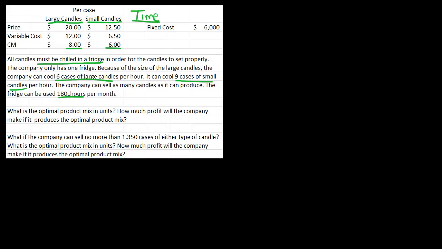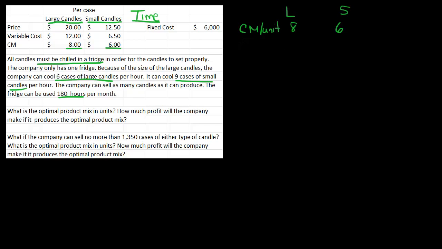So rather than looking at contribution margin per unit, let's look at contribution margin per hour and see which one of these products would make us the most money per hour. So let's look at large versus small. My contribution margin per unit is 8 for large and 6 for small.